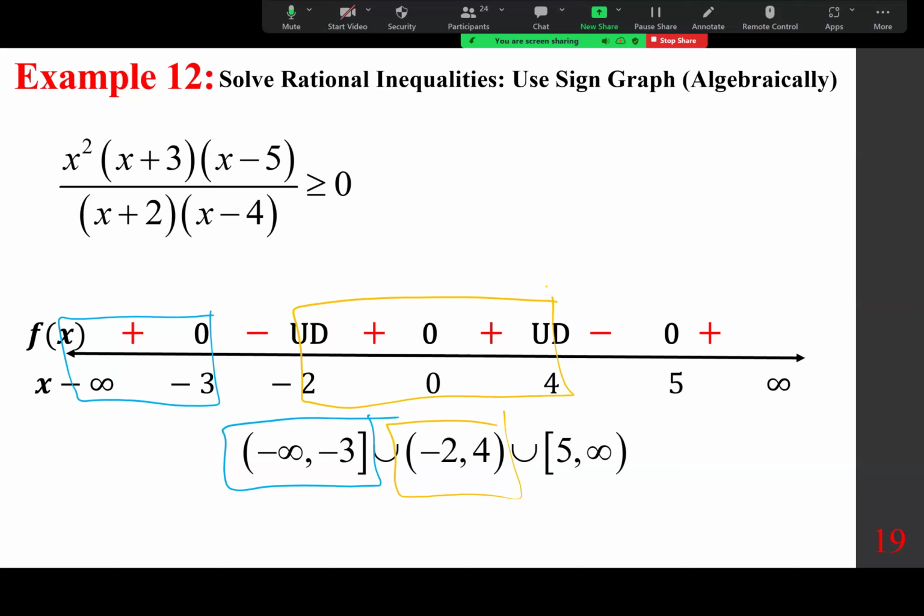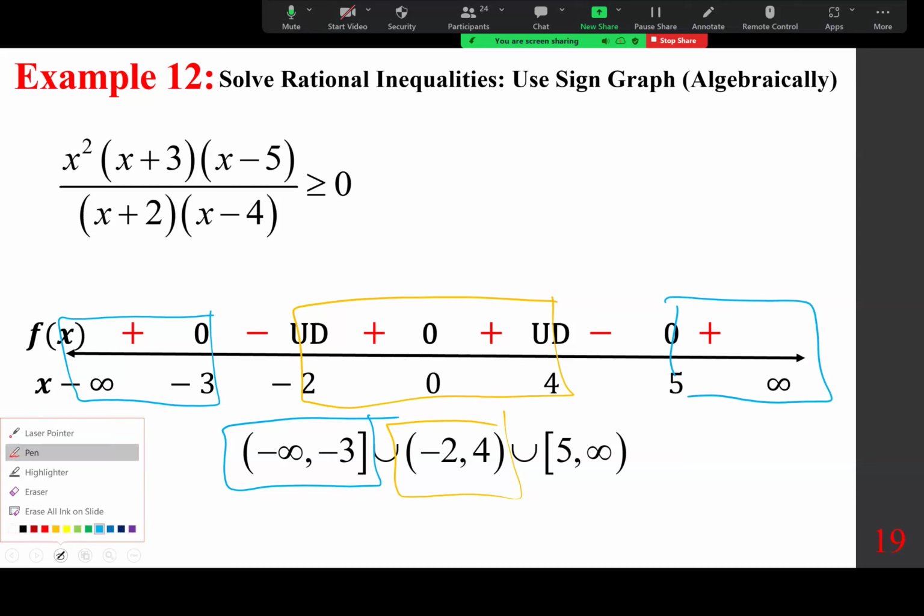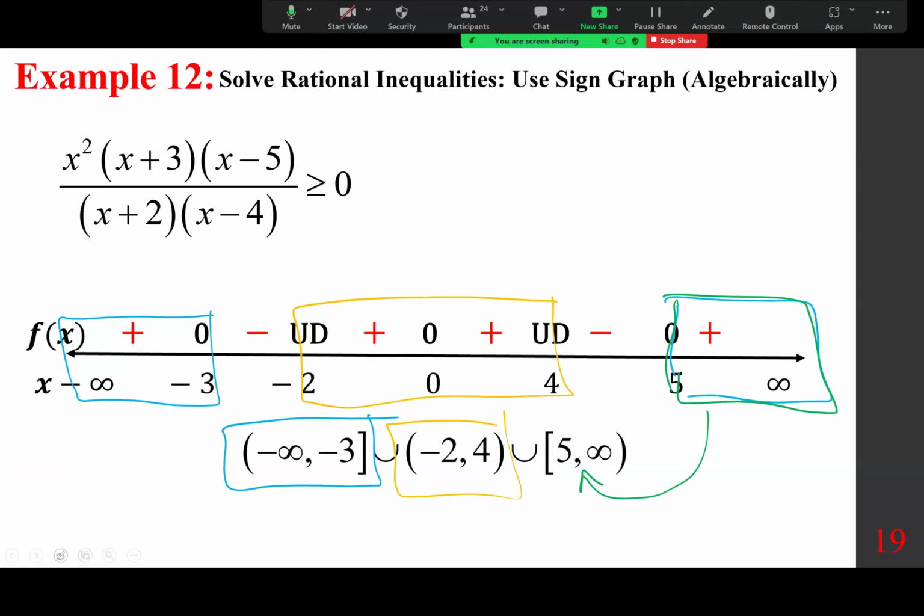Therefore, parentheses. And finally, this part is this. It's pretty straightforward, everybody.